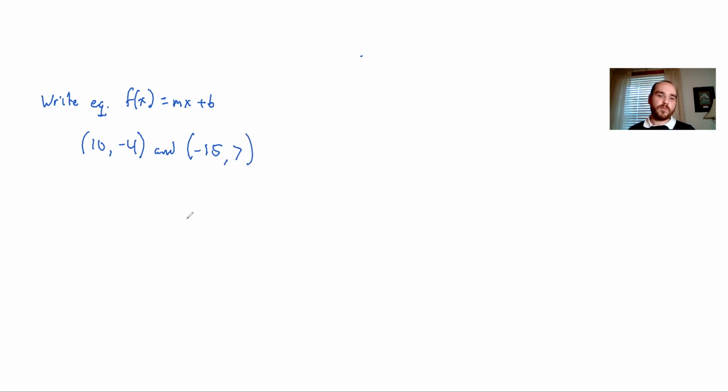So this one, first you had to calculate the slope. We know that m equals y2 minus y1 over x2 minus x1. So that's how we calculate our slope to start. In this case, y2 is 7 minus -4, and this is -15 minus 10.